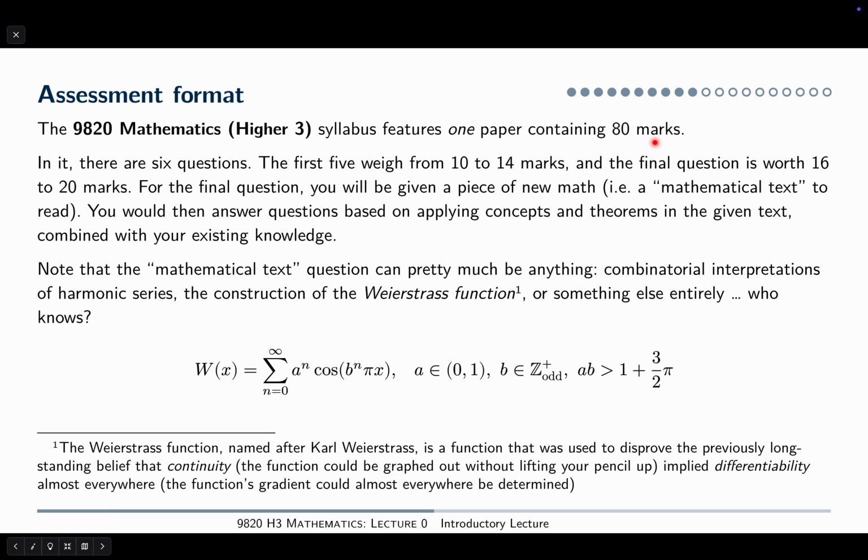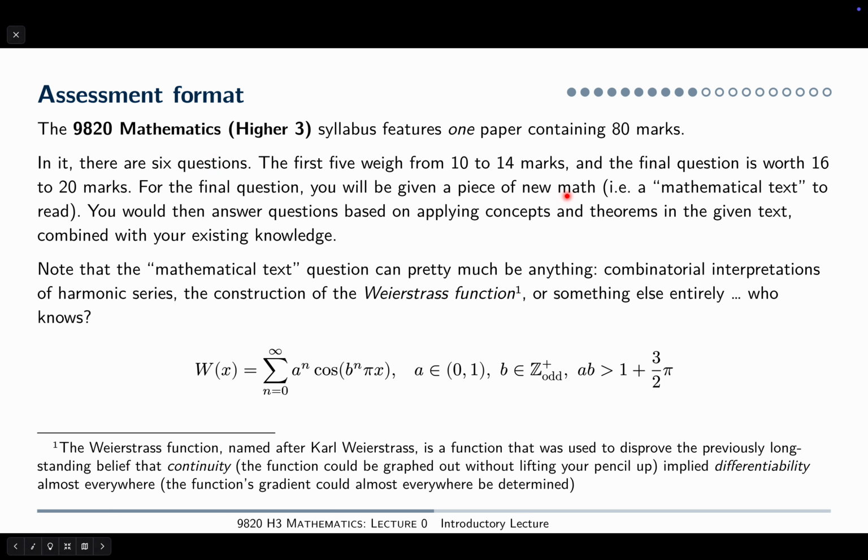You need to note that this is quite a change from the previous syllabus, which had a 100-mark paper and exactly 8 questions, I think. So the first 5 questions of this new syllabus are from 10 to 14 marks, and the final question is worth 16 to 20 marks.